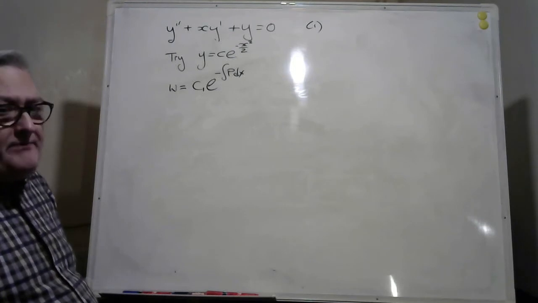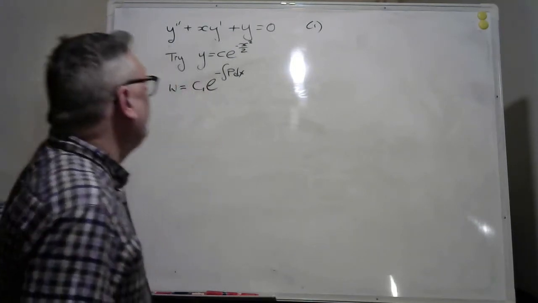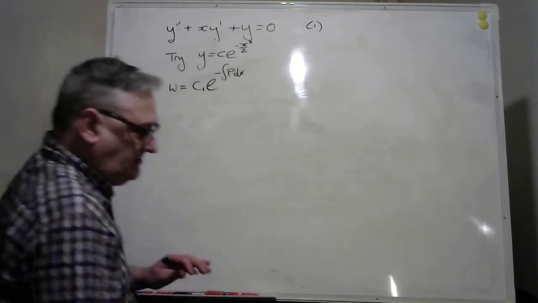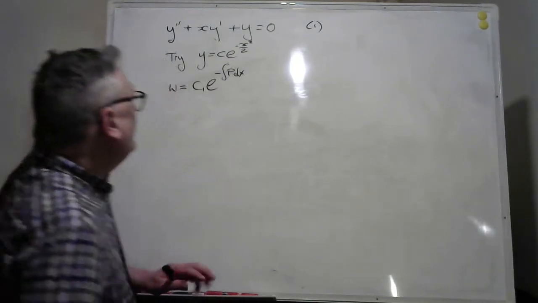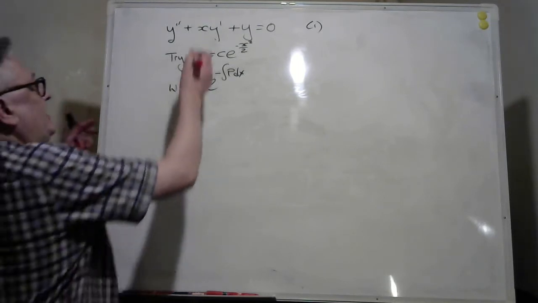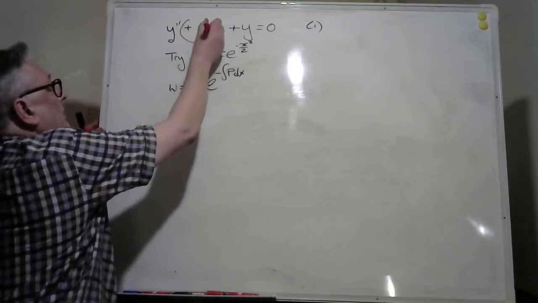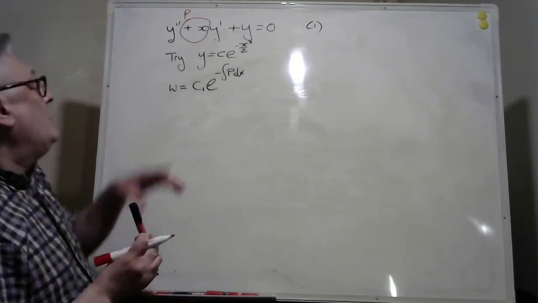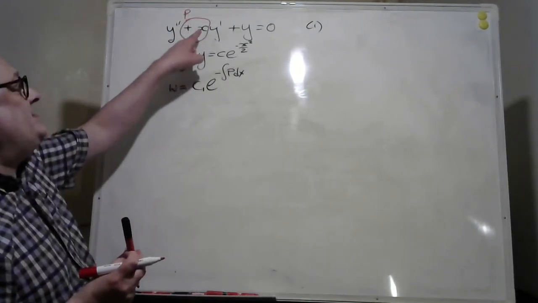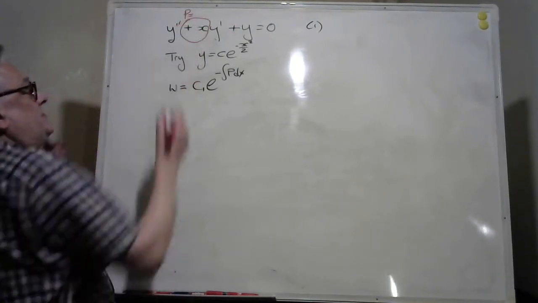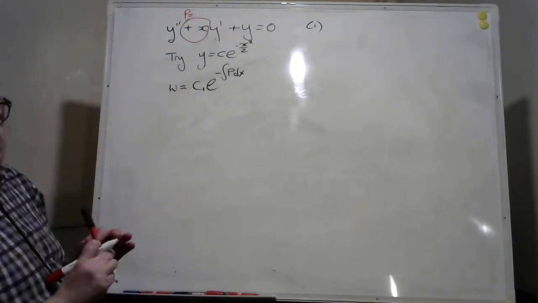Now, if you remember back to my last video, I said that P is actually equal to this here, or in the previous video, P was equal to minus x. In this case, P is equal to plus x.